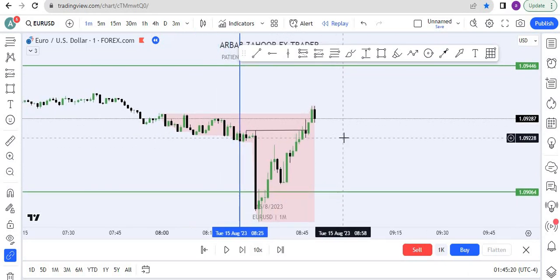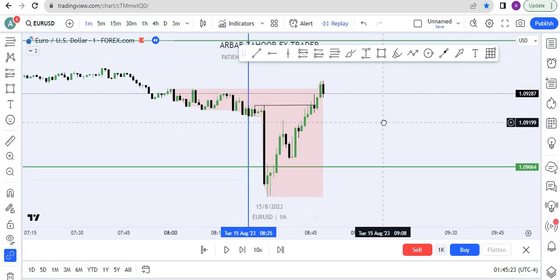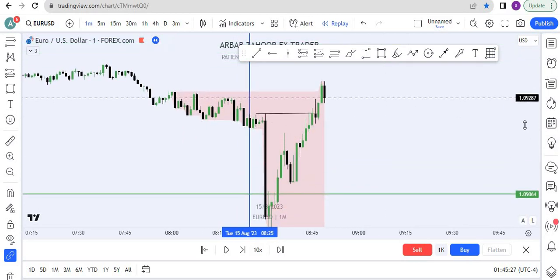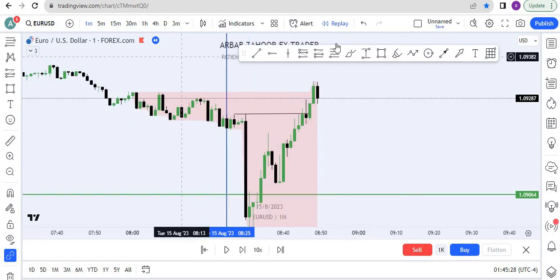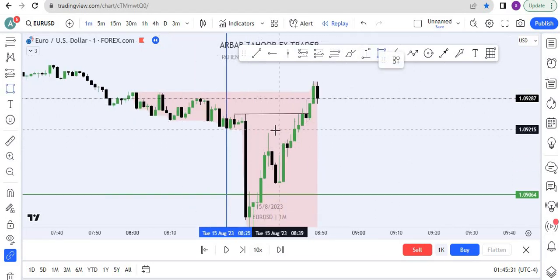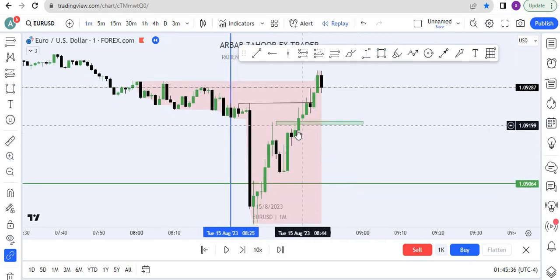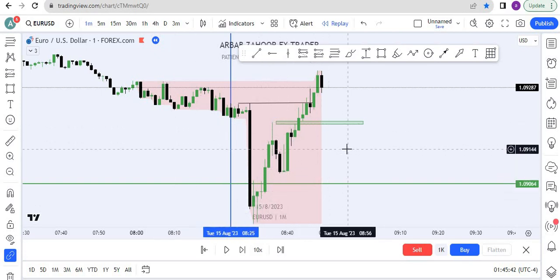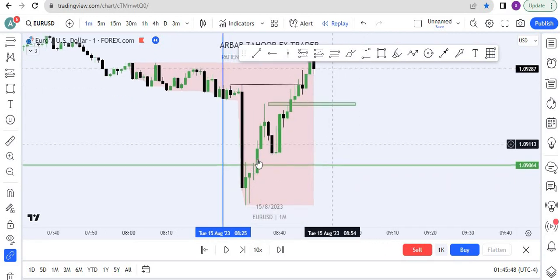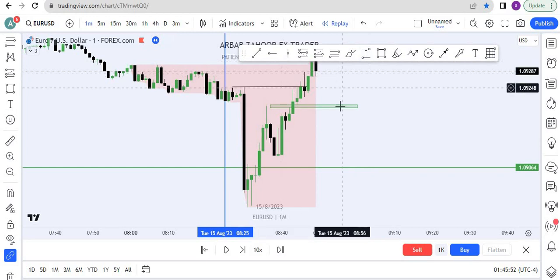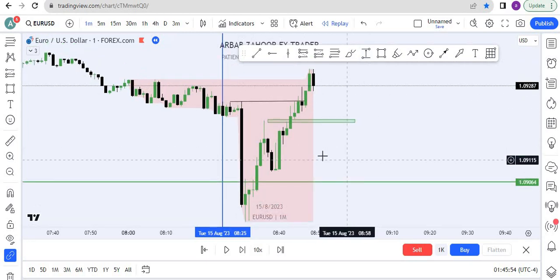Now in the leg we have many fair value gaps, so we will see where we can place our buy limit. This minor fair value gap is filled, this one is filled, so we only have this fair value gap. If you are aggressive to enter here, then you must put your stop loss below that extreme fair value gap.